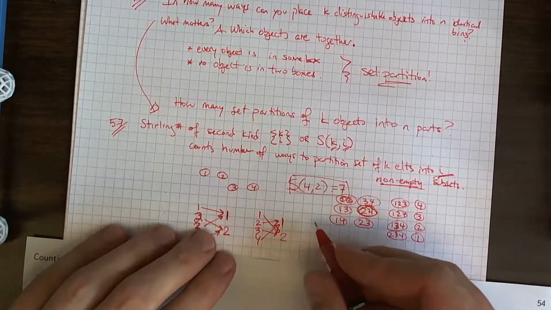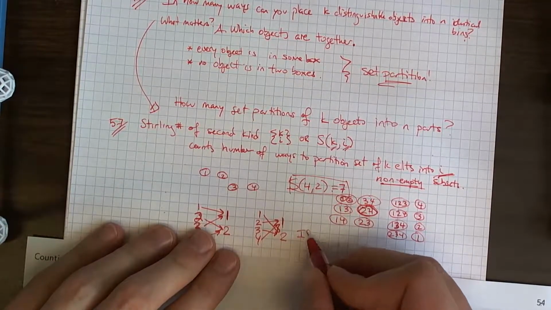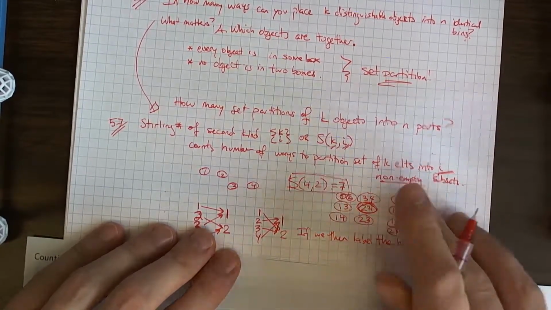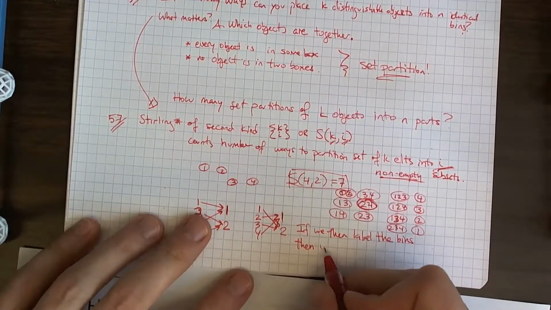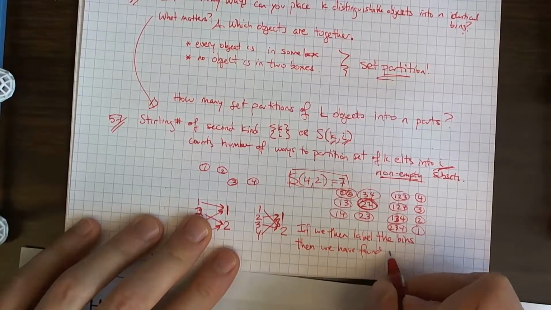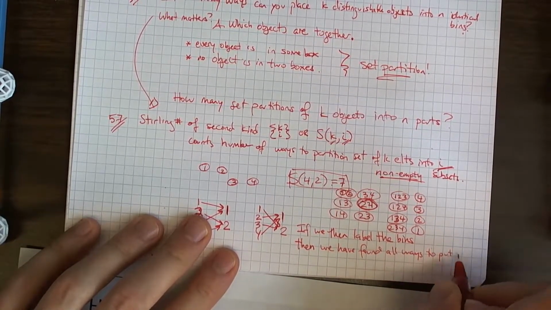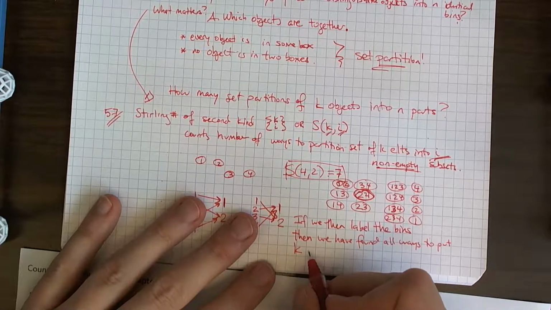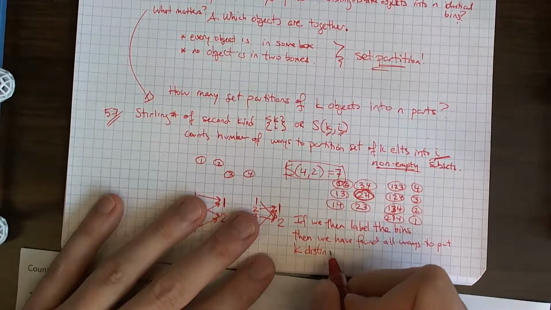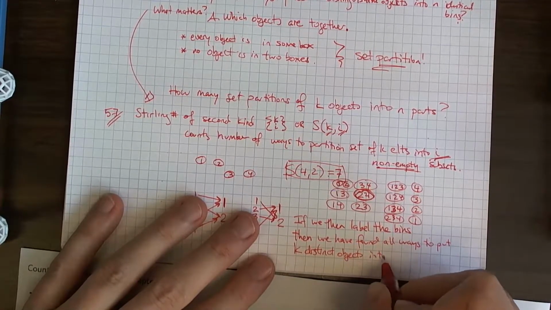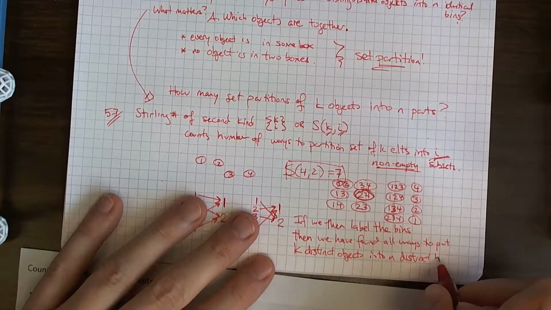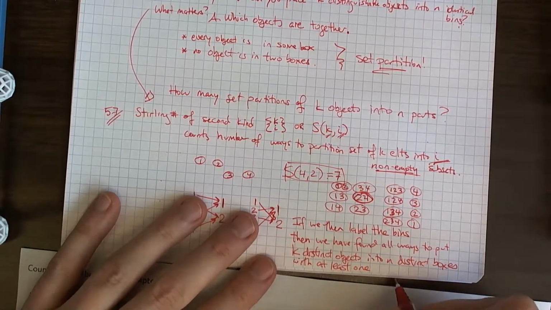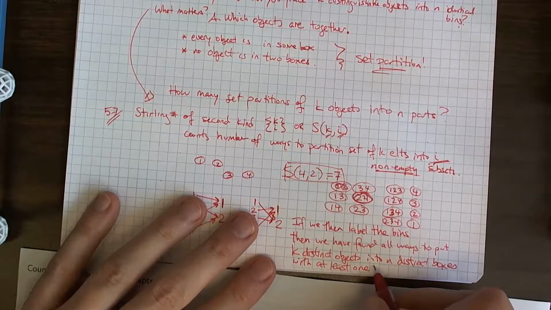So the amazing thing here is that if we then label the bins, then we have found all ways to put k distinct objects into n distinct boxes with at least one in each box.